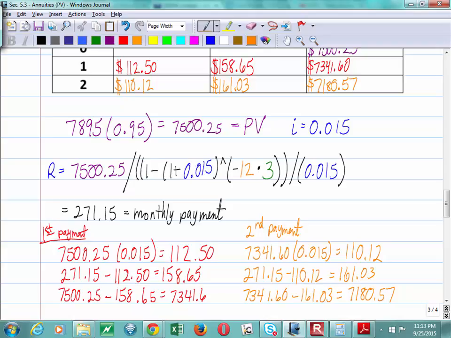So it would just continue on like that, and luckily we have things like Excel spreadsheets that can do all that math for us, but now you know what math it's actually doing.